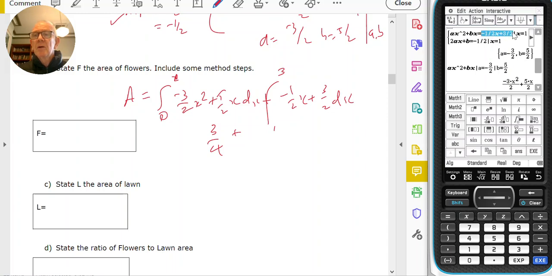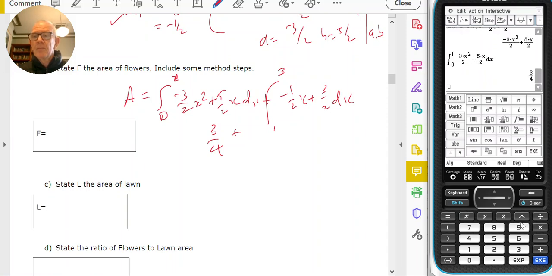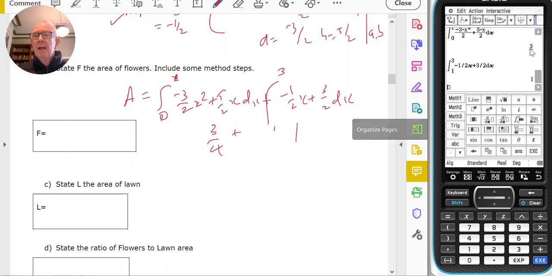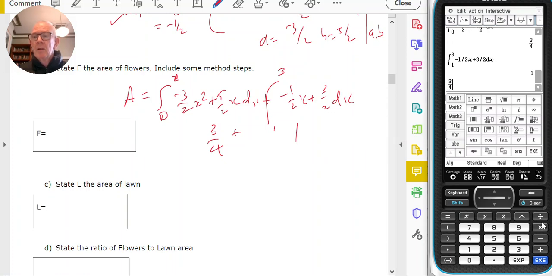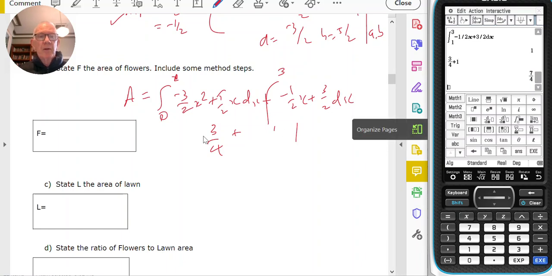The time it takes me to copy it, I'll probably type it again. Paste Math 2 integral from 1 to 3. And that gives me 1. And 3 on 4 plus 1 equals 7 on 4. So the answer is 7 on 4 units squared.